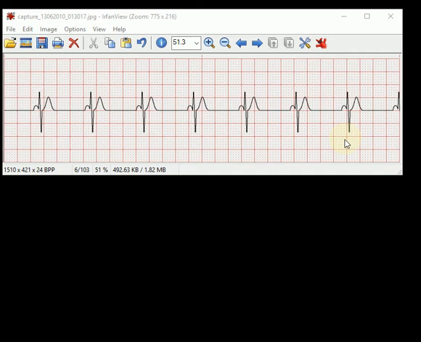And if you remember, the PR interval being too short or the P waves being late is an indication of a junctional rhythm. So junctional rhythm, but with a rate of 70-something, it's not in the normal range for the junction, and it's not all the way up to tachycardia, so this would be an accelerated junctional rhythm.